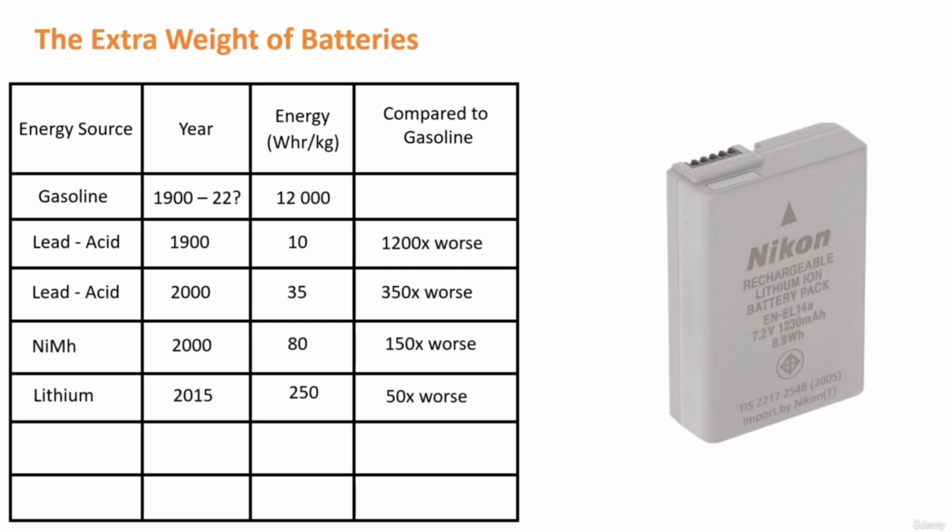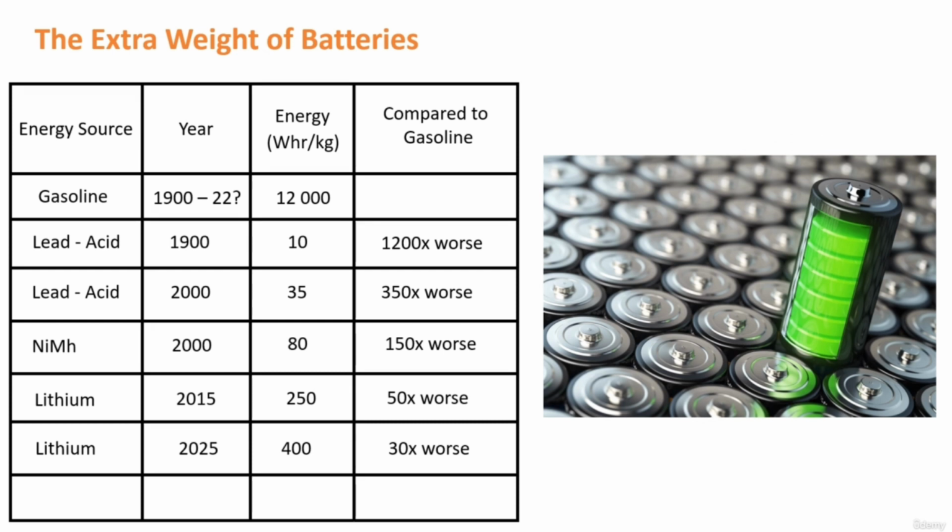But then people woke up, primarily because they needed lighter batteries for cell phones and laptops. And now a lithium battery produced by the Tesla Gigafactory has about 0.25 kilowatt-hour per kilogram, still 50 times worse. In the near future, we can expect batteries that store double that, still 30 times worse.